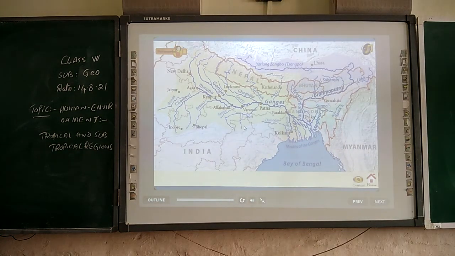Tributaries of Ganga are Ghagra, Gandak, Kosi, Gomti, Chambal, Betwa, Ken, Son, etc. Tributaries of Brahmaputra are Raidak, Sankosh, Amochu, Barak, Dibang, Lohit, etc.